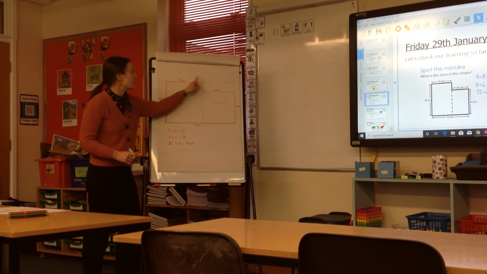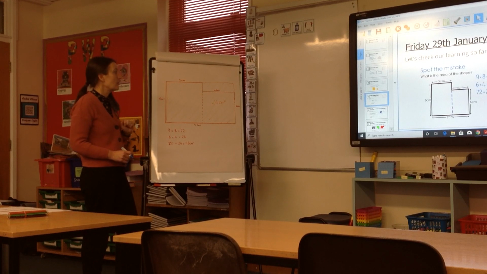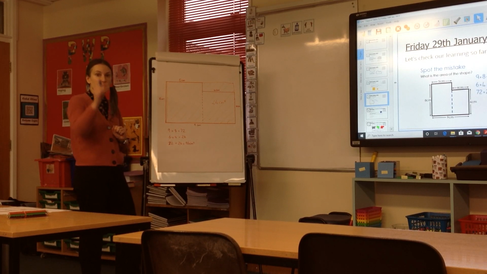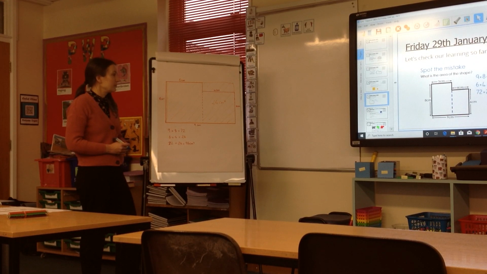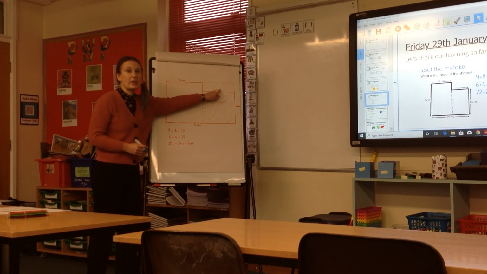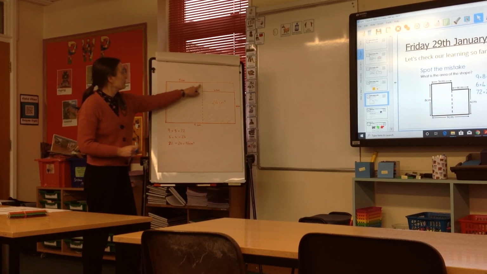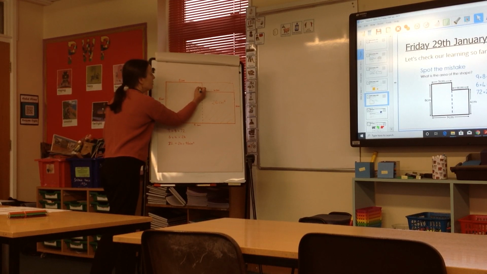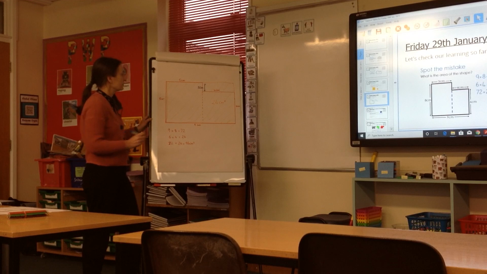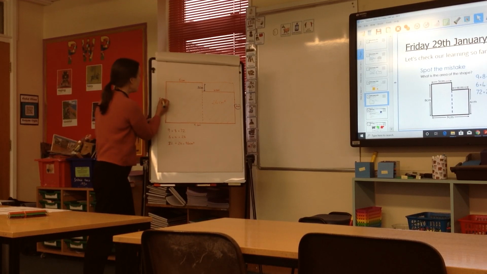So if you know the total is 72, aren't they basically expanding the shape? What could they do here with this bit here? Since I know that the smaller gap that's next to the 4 is 2 centimetres. How do you know that? Since 6 add 2 equals 8. Well done, you've got your 6 here and your 8.